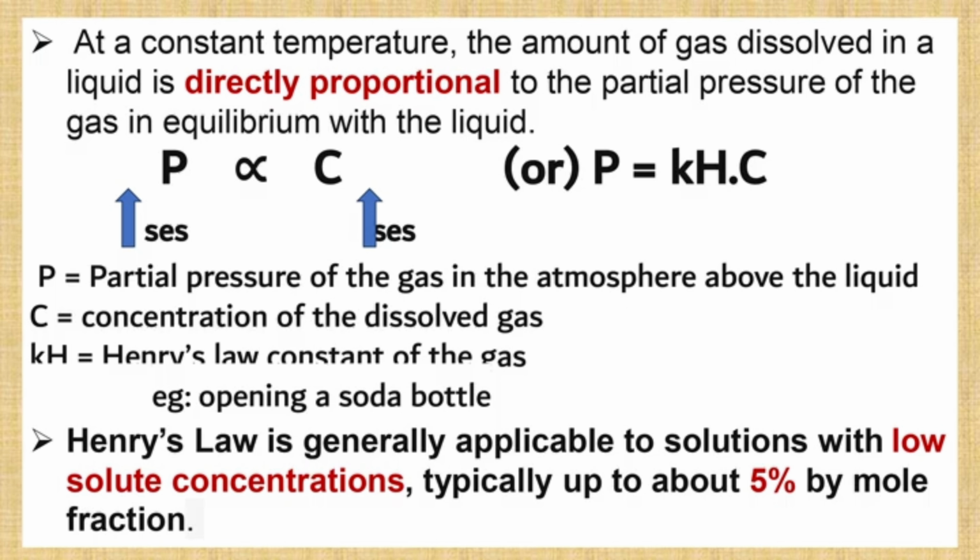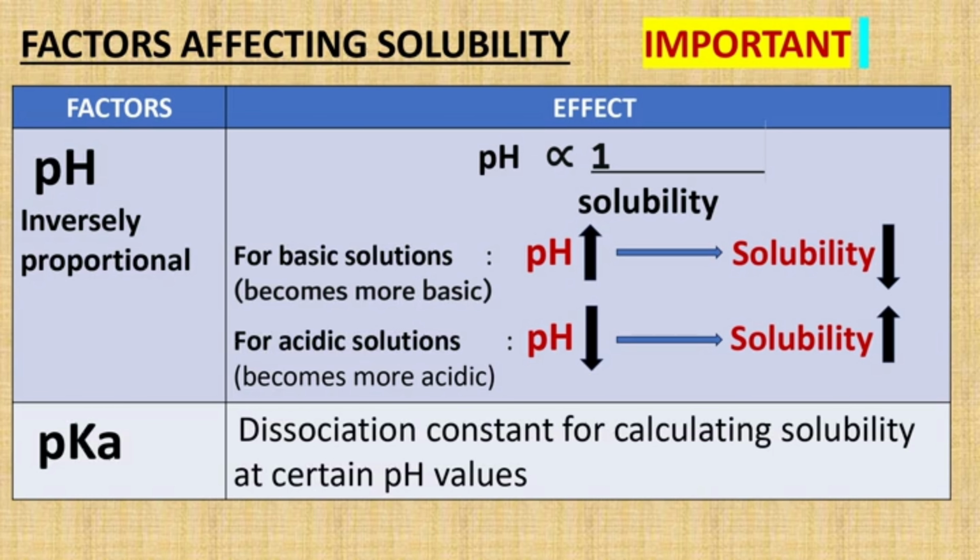That's why I mentioned it here. A common example is opening a soda bottle, a gas liquid solution. Henry's law is generally applicable to solutions with low solute concentrations, typically up to 5% by mole fraction. That is another important point for Henry's law.